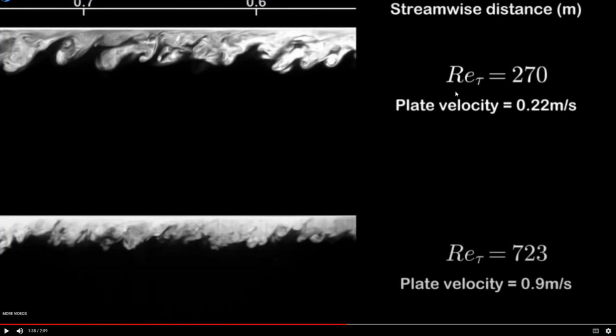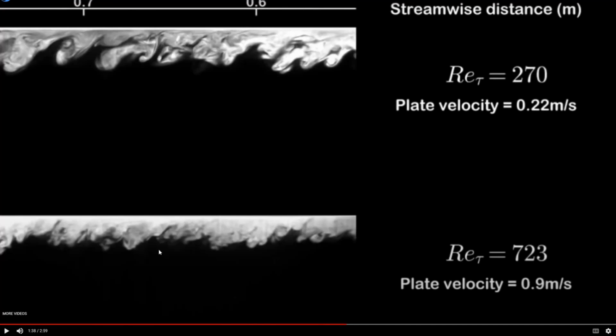One is 270, which is close to transition from laminar to turbulent regime, a very small Reynolds number, where we can determine the presence of single vortexes along the boundary layer. But you can see that we cannot estimate a profile of velocities close to parabolic as we saw in laminar flow. Here it's chaotic, highly turbulent flow with different size vortex structures.